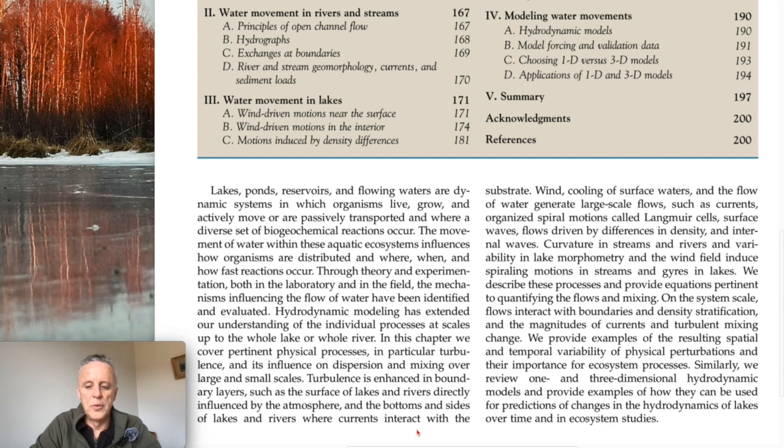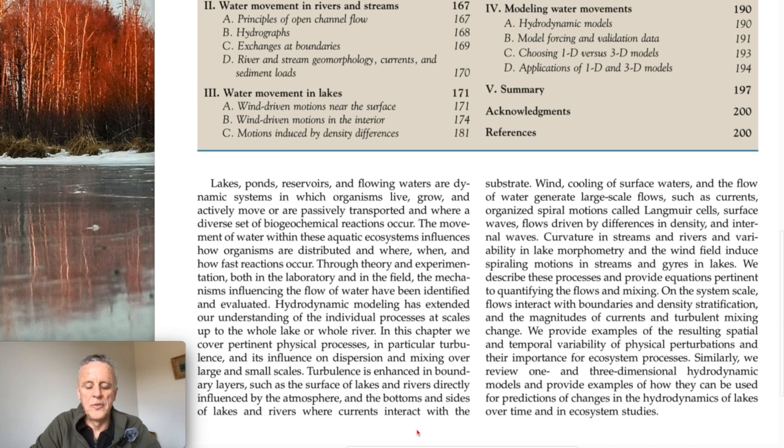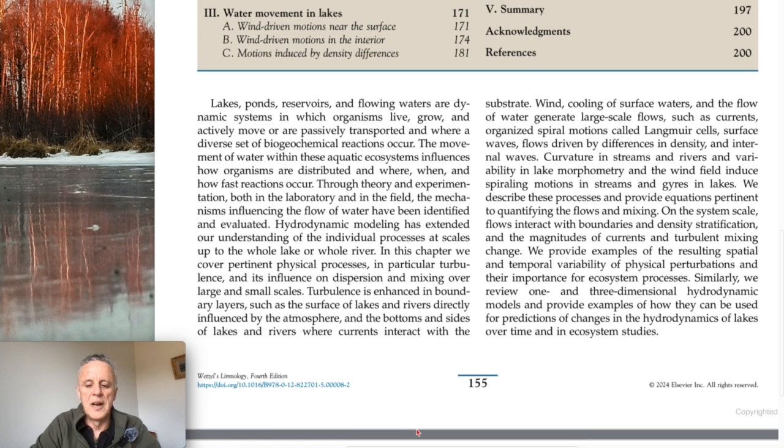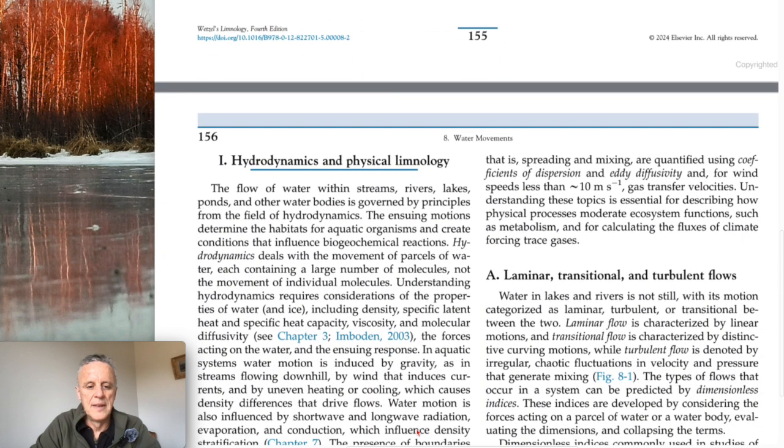We provide examples of the resulting spatial and temporal variability of physical perturbations and their importance for ecosystem processes. Similarly, we review 1- and 3-dimensional hydrodynamic models and provide examples of how they can be used for predictions of changes in the hydrodynamics of lakes over time and in ecosystem studies.